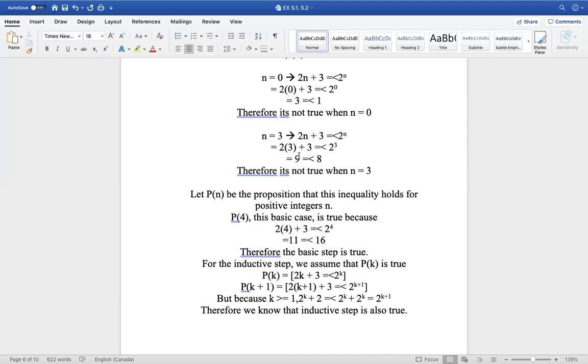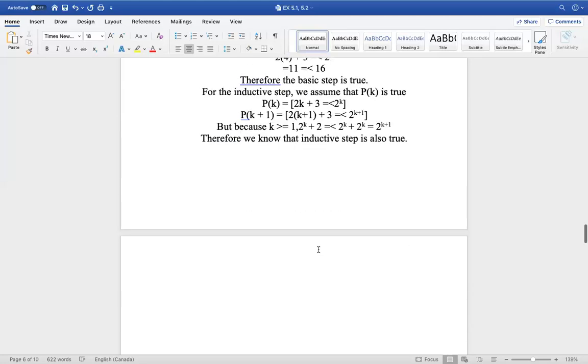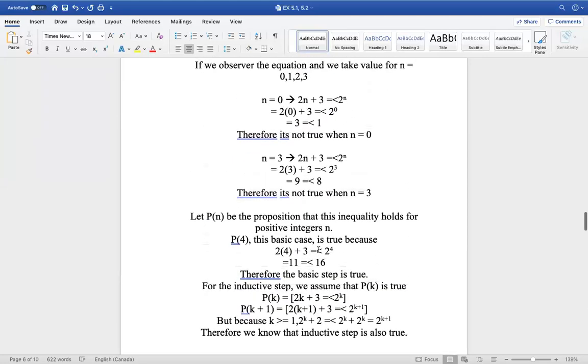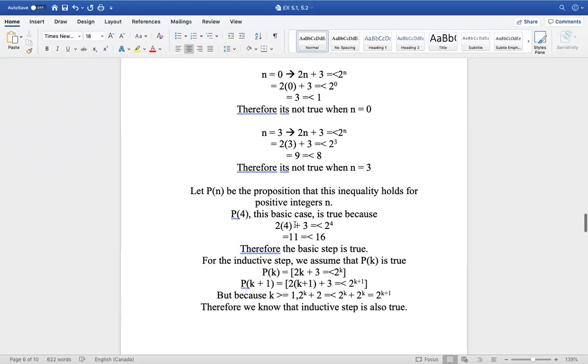Any questions here? Sir, can you explain the last step? Okay, basically what we did here is, so we have this P of K in the inductive step.